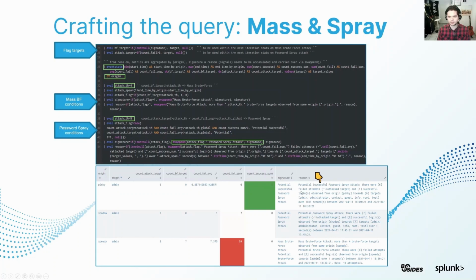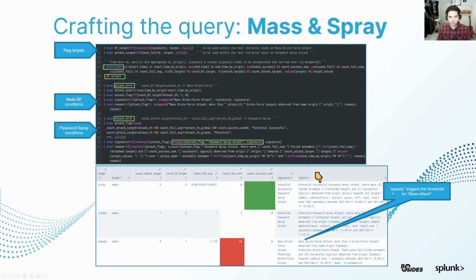And the description, the full reason why this is happening. You can also see the number of targets and the targets themselves, and also the time frame when the attack actually happened.